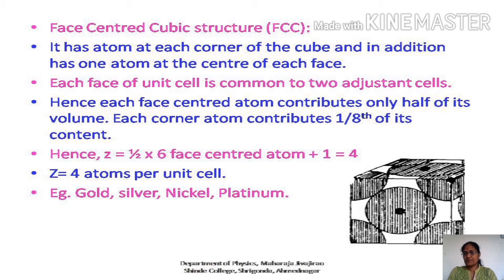Hence, the Z value for face-centered cubic structure is 1 plus 3, that is 4. Z is equal to 4 for FCC. Examples of these are gold, silver, nickel and platinum. While solving an example, they will only give you the structure like FCC and you have to take its Z value as 4 by considering the contribution due to the corner atoms and the contribution due to the face-centered atoms.